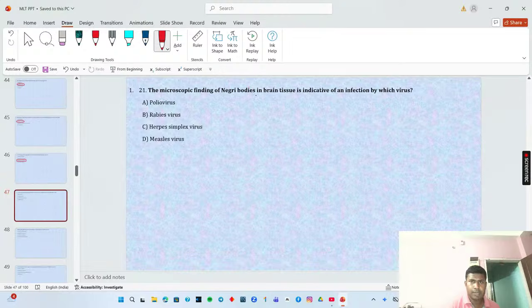Negri bodies in brain tissue. If we find under a microscope Negri bodies in brain tissue, then it is indicative of rabies virus. What is it indicative of? It is indicative of rabies virus.